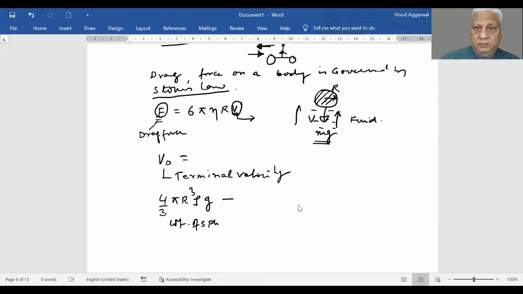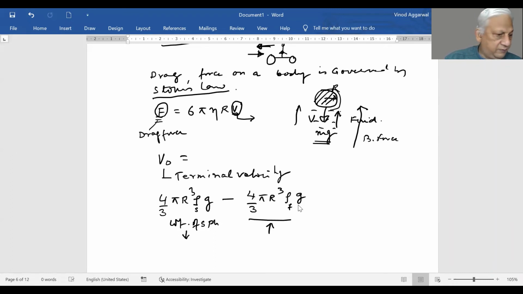And when this sphere is falling, it will experience a buoyancy force, which is equal to the weight of the fluid displaced. And how much will it be? Again, it's volume times rho of fluid into g. This force is acting downwards. This is buoyancy force acting upwards.